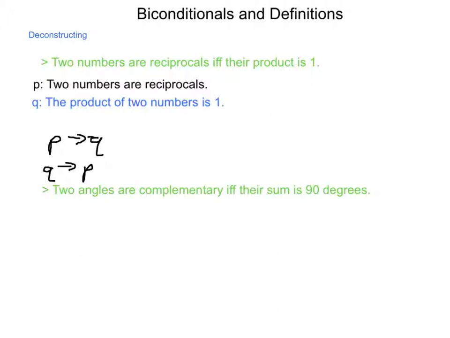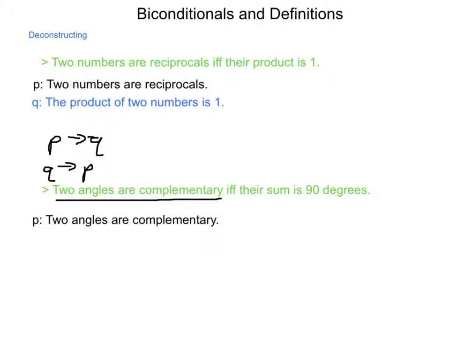So take it, break it down into its pieces, word it appropriately so it makes sense in English, and then give your statements. Next one: two angles are complementary if their sum is 90 degrees. Again, breaking this down, we take our first part of the statement, two angles are complementary, and we make that our P statement.